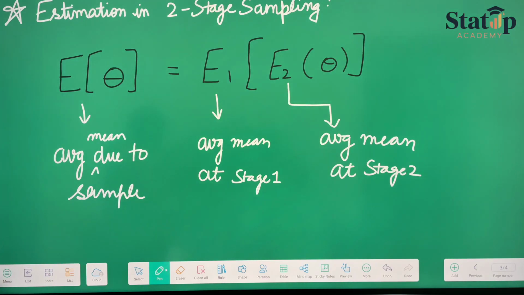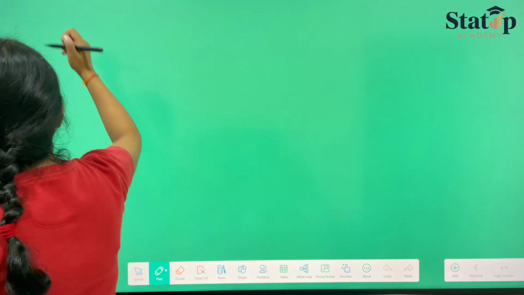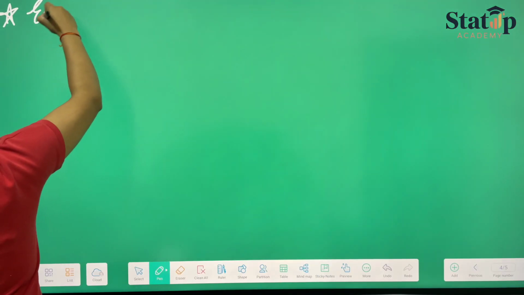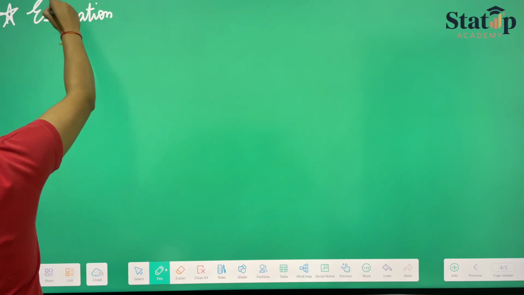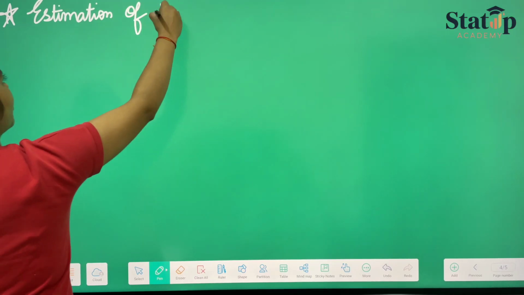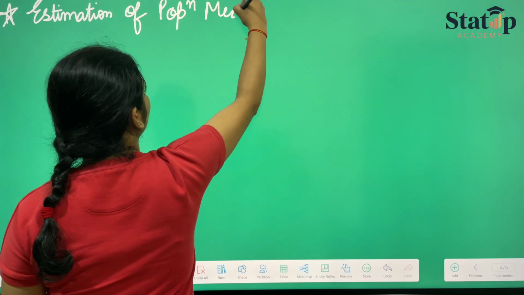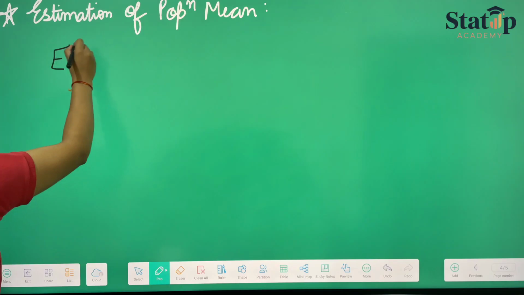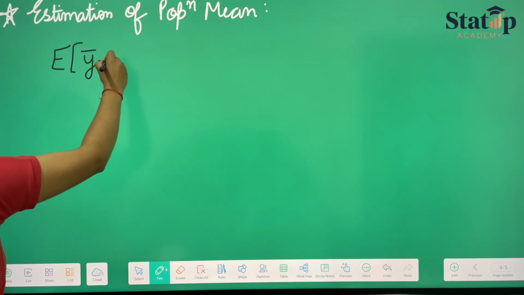Now moving on further, if we want to find the estimation of the population mean, then firstly we'll take the expectation of y bar mn.